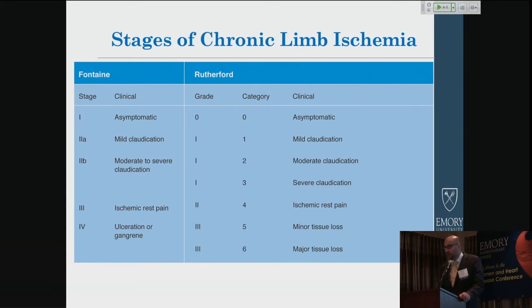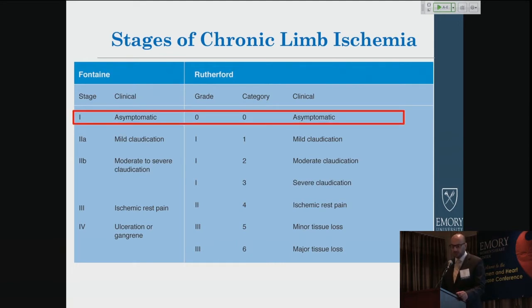Like every other disease process, it starts in a mild phase and then progresses to a severe phase. Now, there are several methods of classifying peripheral arterial disease and several staging systems, and these are two examples of them. One is called the Fontaine classification, and the other is the Rutherford classification.